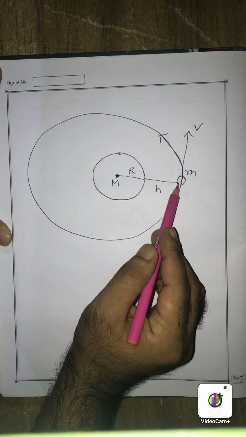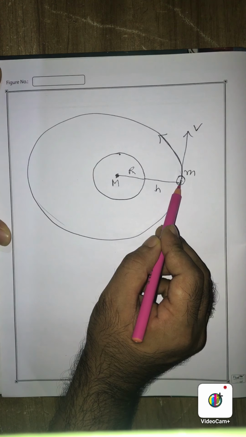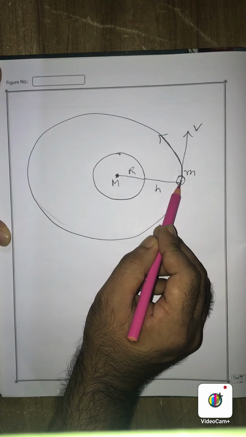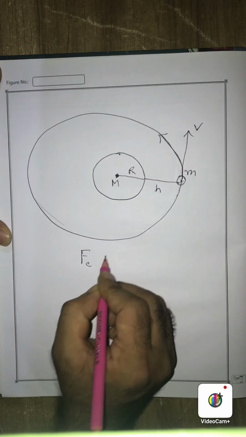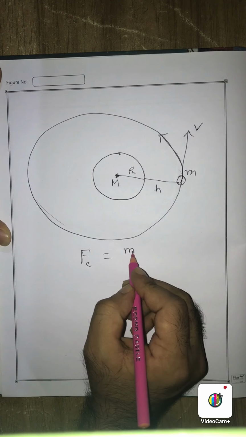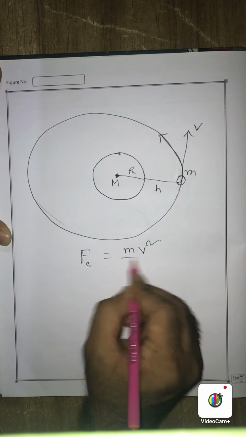When the artificial satellite moves around this path, centripetal force is created. The centripetal force Fc equals m v squared by R plus h, where m is the mass of the satellite and v is the velocity.